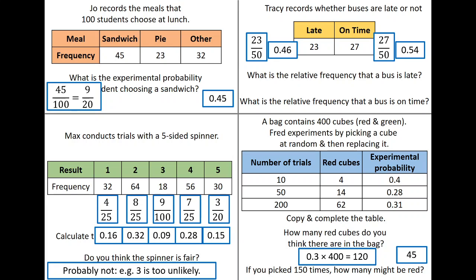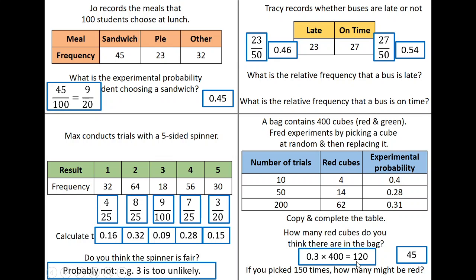How many red cubes do you think are in the bag? Well, the most reliable one we could use, okay? So we've got 0.3 times by 400. Okay, so there's 400 here.